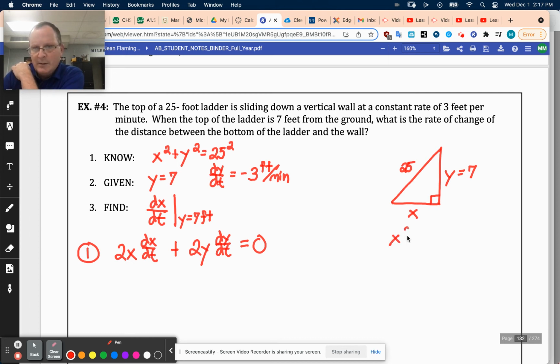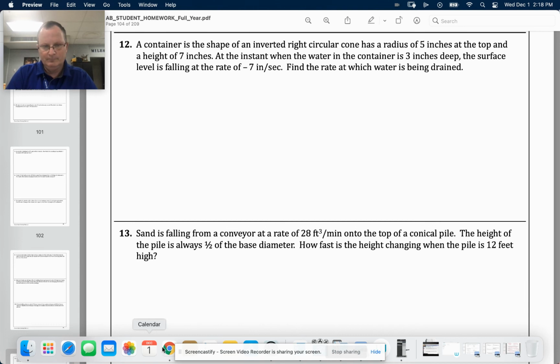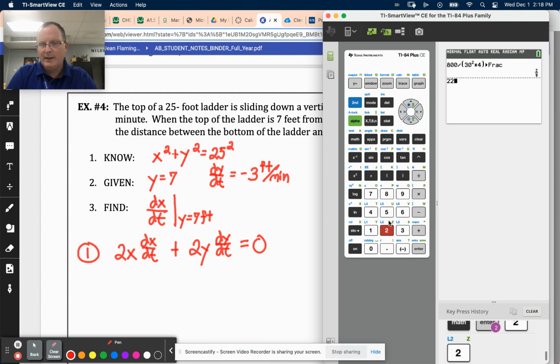So we have x squared plus 49 is equal to 225. If I subtract, let's see here. Oh, oops. So we got 225 minus 49 is 176.